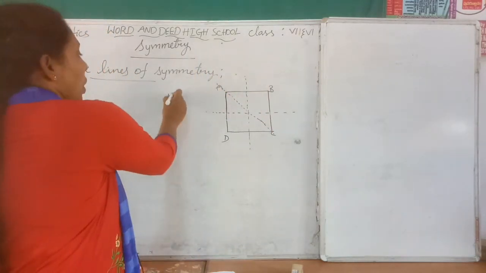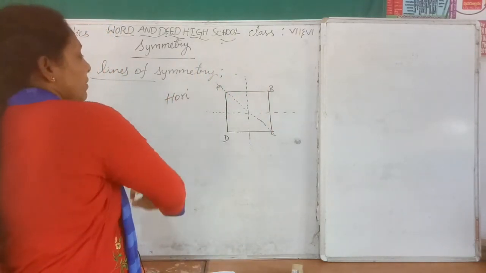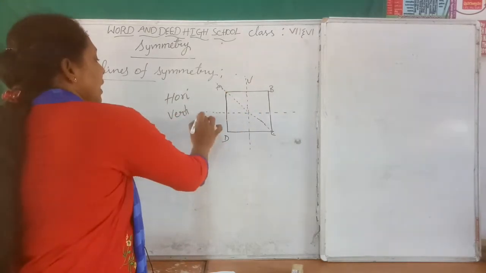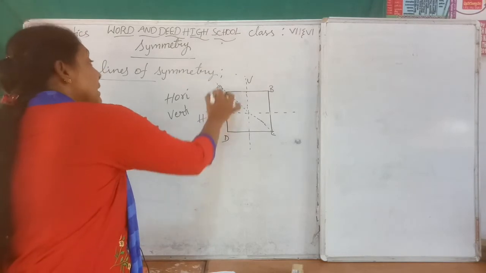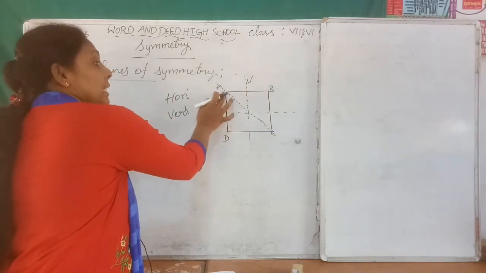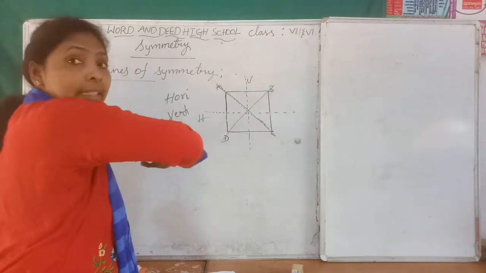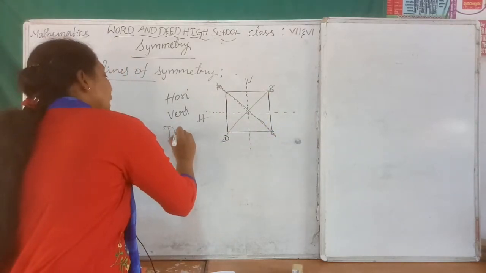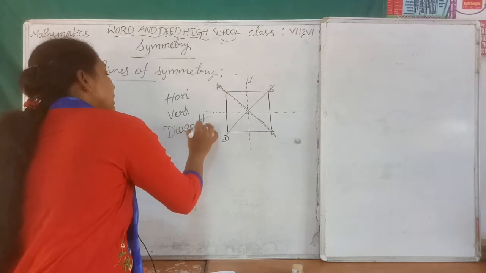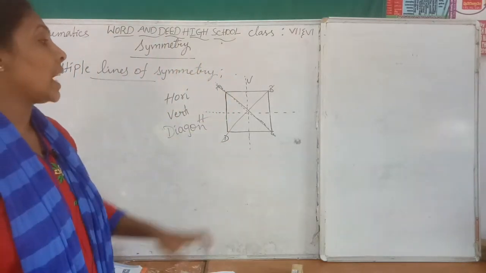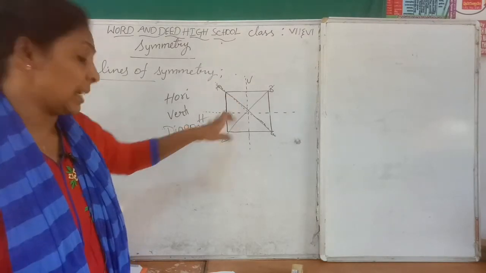One is the horizontal line of symmetry, another the vertical line of symmetry. Next, diagonals, children. These are the diagonals. So it has diagonal lines of symmetry also. So the figure has three lines of symmetry.